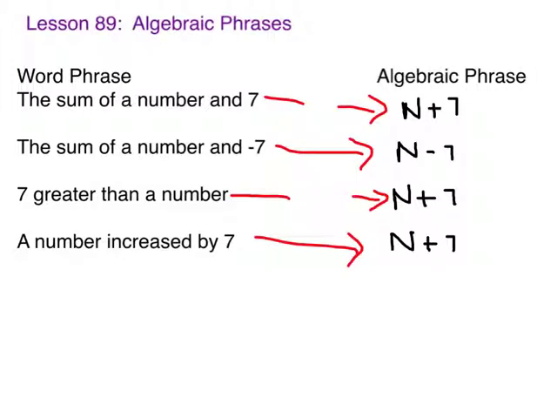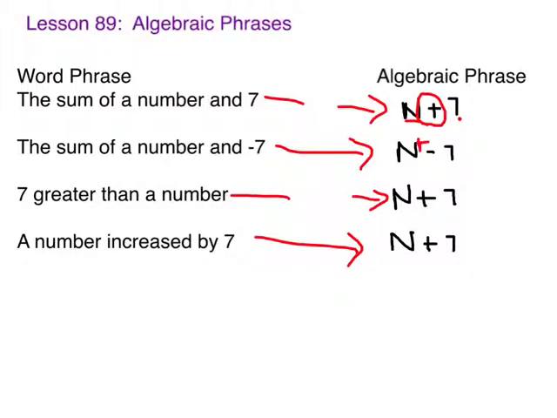So the sum of a number and 7. Sum means I have to add a number and 7. This means the sum of a number and negative 7. I remember in algebra, to get a sum, what I'm really doing is saying n plus negative 7.